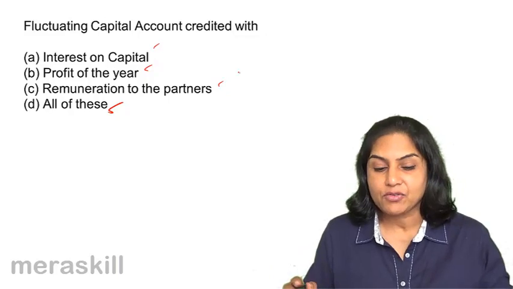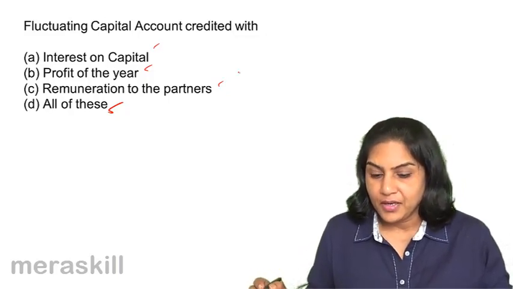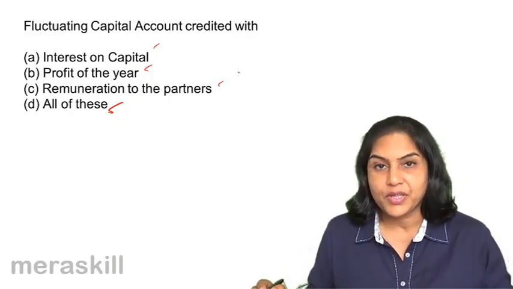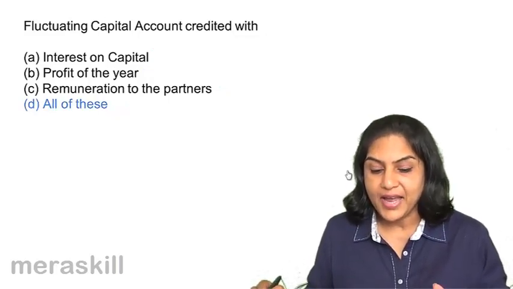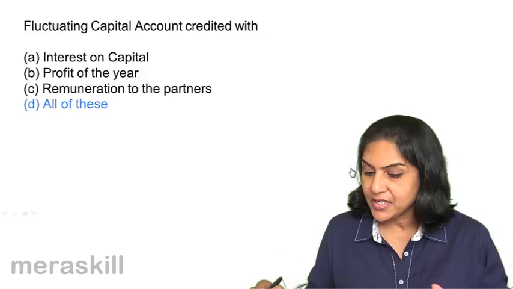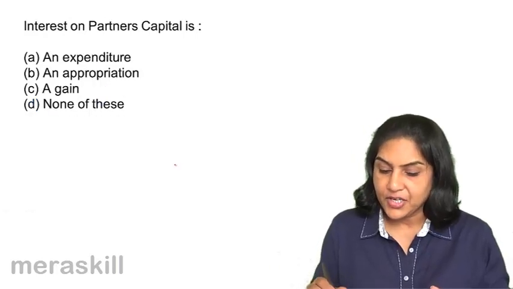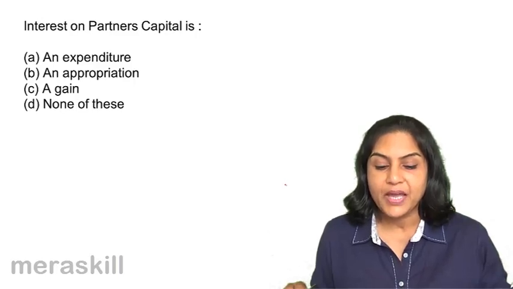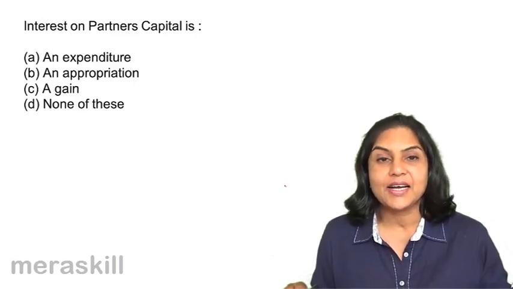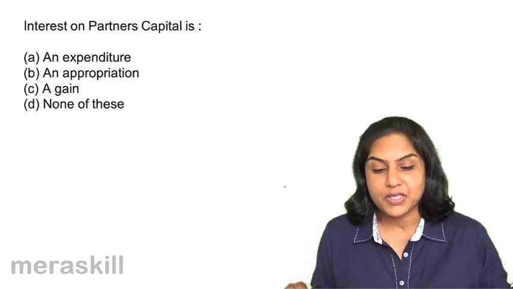Fluctuating capital account is credited with all that the partners will get: interest on capital, profits, and remuneration. Correct answer D.